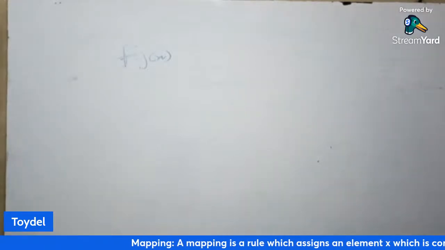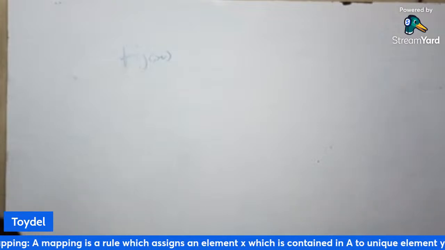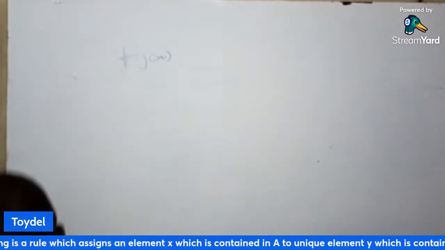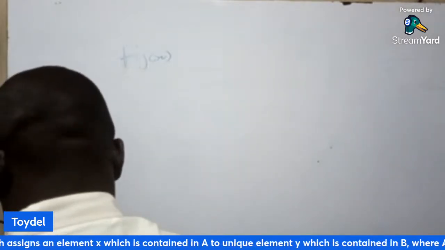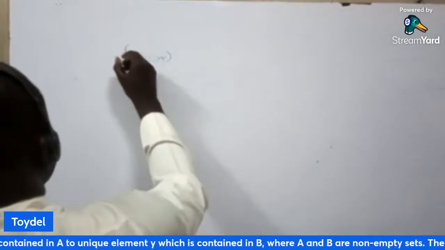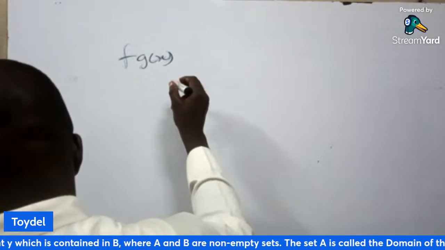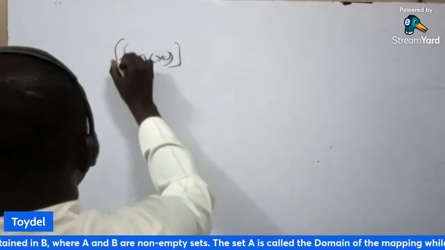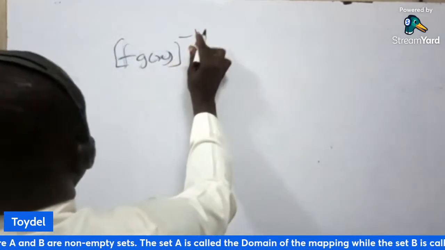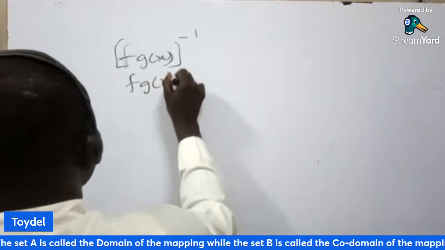Let's just concentrate and get that. I want to go ahead and find f of g of x. We want to find f of g of x, everything inverse. Before I can find everything inverse, let me first find f of g of x.